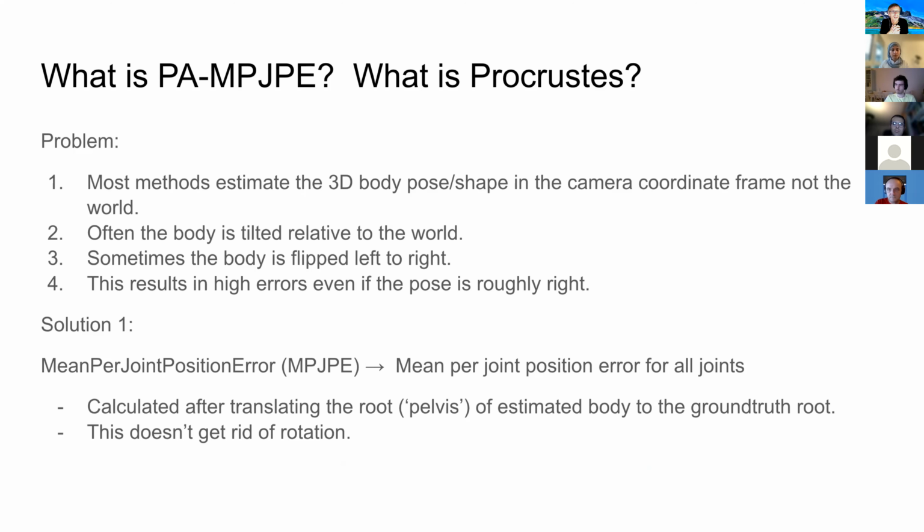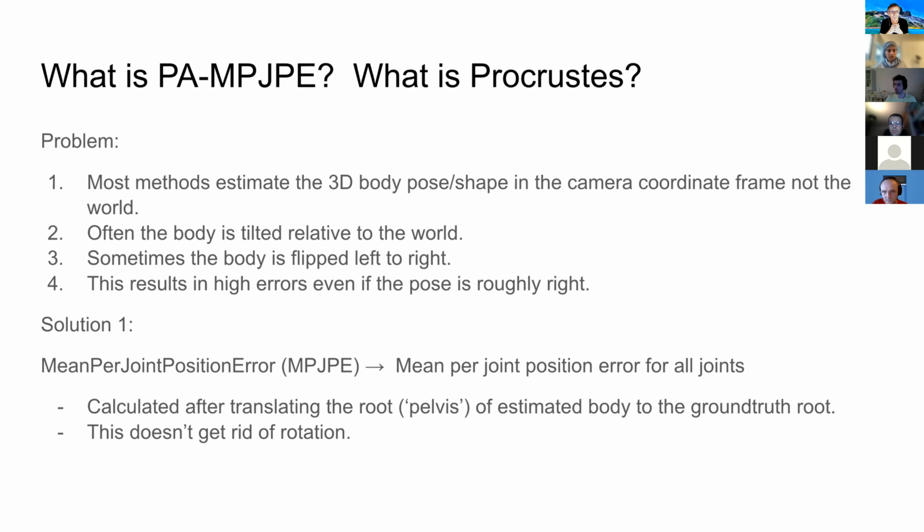So the problem with this is most of your ground truth happens to be in world coordinates. And so you need to bring this body, which isn't in world coordinates, into some sort of correspondence with the ground truth. And in many of the methods we see working on real images, the body comes out kind of tilted. Sometimes it's flipped left to right if it makes a mistake, it's ambiguous.